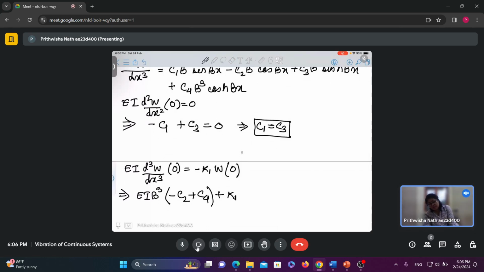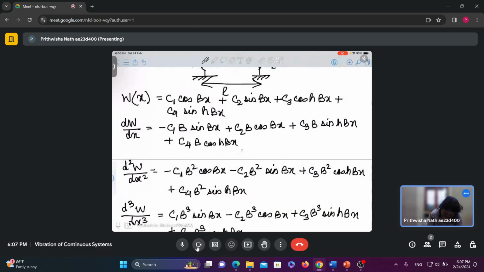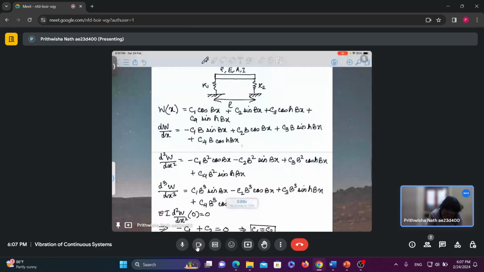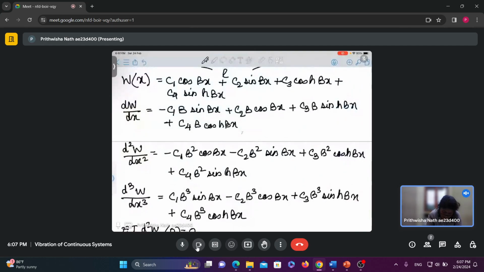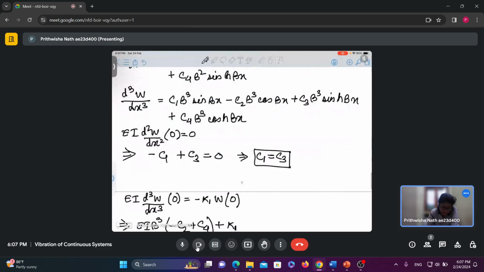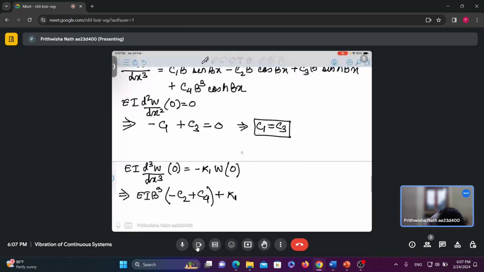In the equation for W I am putting 0. Therefore only C1 and C3 are there when I substitute 0. So K1 into C1 plus C3 equals 0. So let this be the first equation.